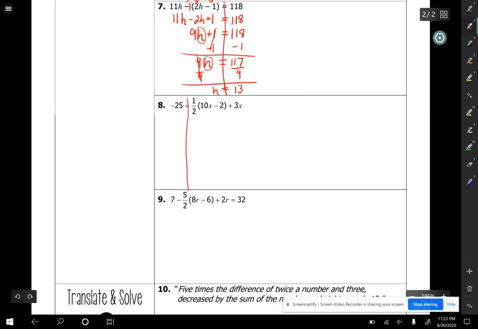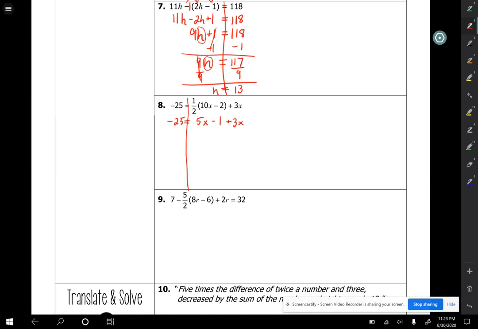Number 8, negative 25 equals 1/2 times 10x minus 2 plus 3x. Let's distribute. 1/2 of 10 is 5x. 1/2 of negative 2 is negative 1 plus 3x.